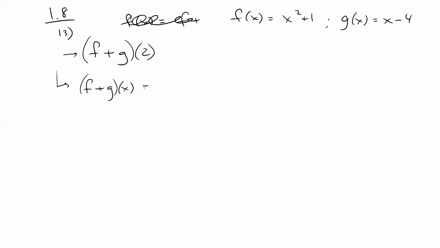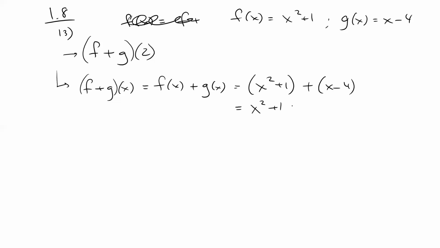So this one just says, okay, hold on. I'm going to add the f function with the g function. That's what I'm doing here. And so that means this is this plus this right here. And I'm going to create a function that does both of that work at the same time. So drop parentheses. Add it together.